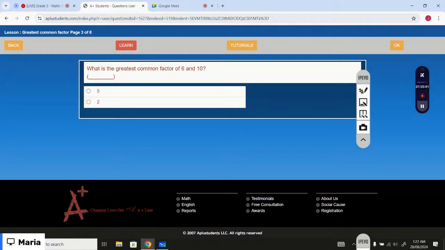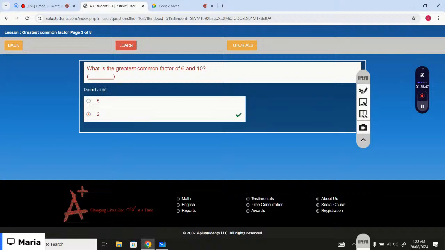Option number 2 is the correct option, right? 2 times 3 is 6 and 2 times 5 is 10. So 2 is the greatest common factor. The correct option is 2.